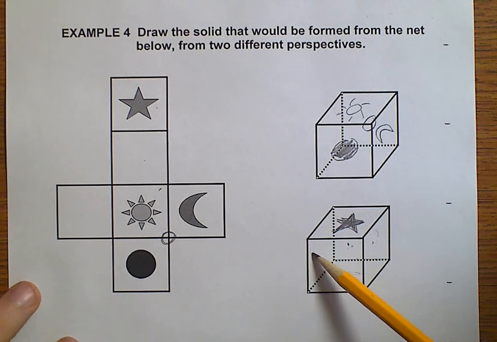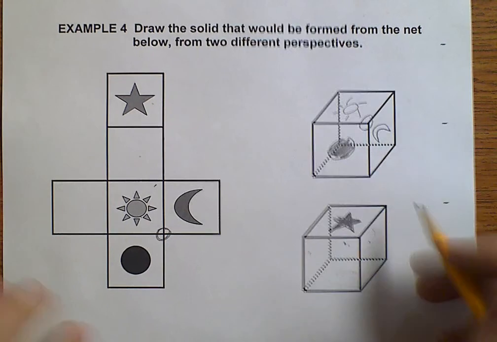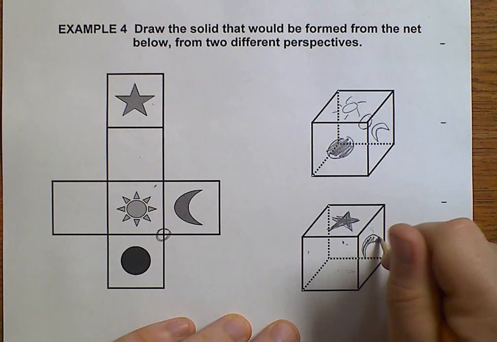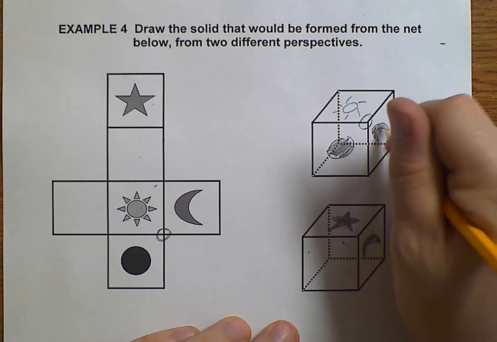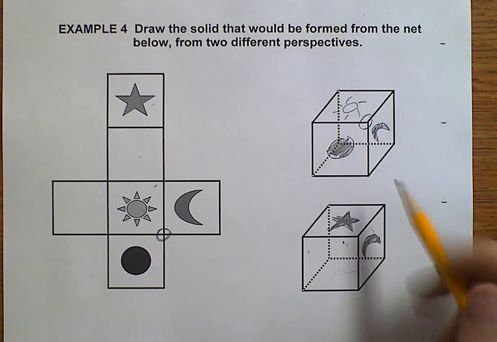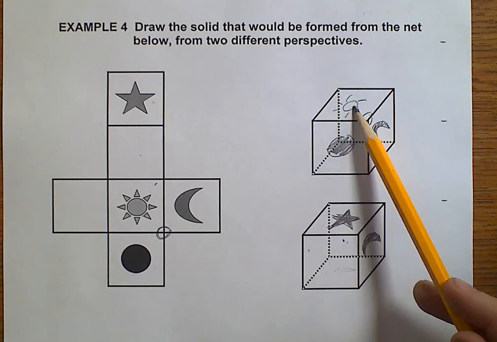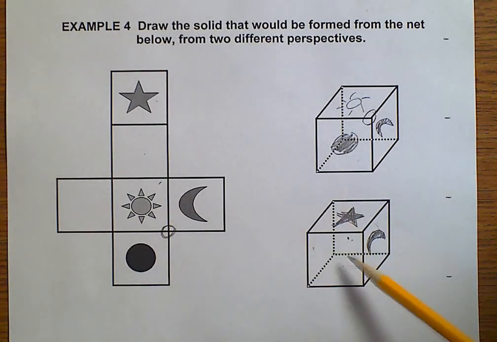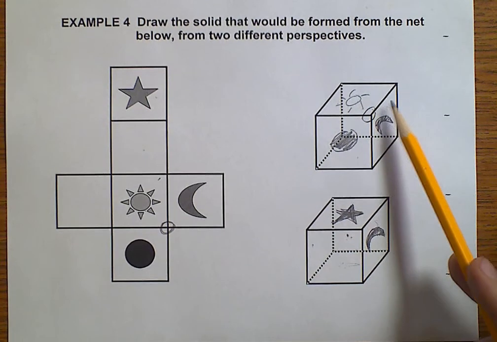Okay? Well, I'm keeping it in the same direction. And so my moon would still be over here. So here, I see my circle, my sun. This back spot would be blank, and the bottom would be the star. If I flip it, I've got the star. No, sorry. The star will be back here, and this will be blank.